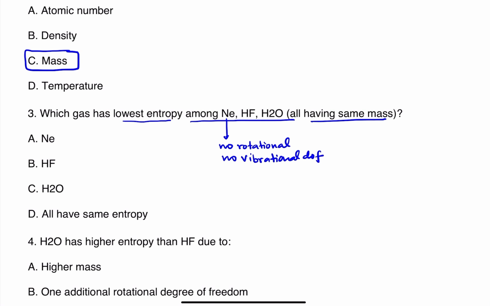So in this case, neon will have less heat capacity, right? And HF and water will have more heat capacity, and due to that they will have higher entropy. So lowest entropy will be of neon.